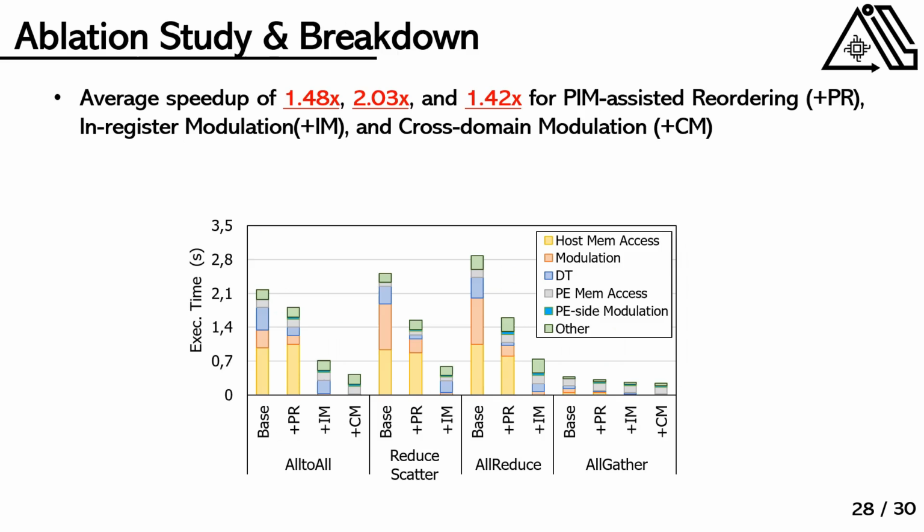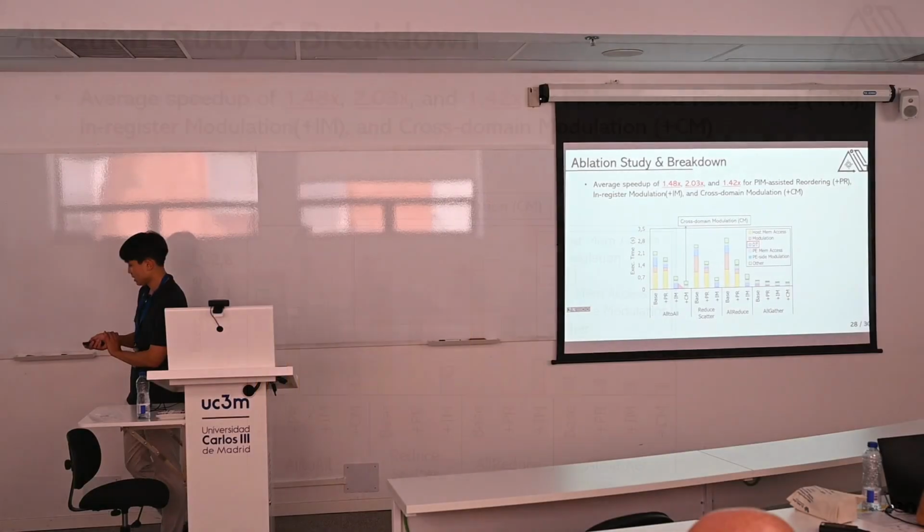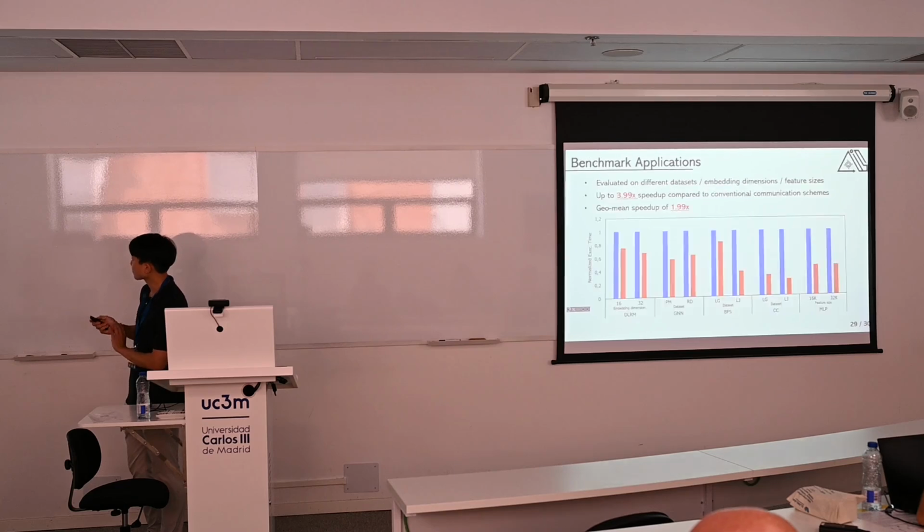Each of our techniques, PIM-assisted reordering, reduces the data modulation time, in-register modulation eliminates host memory access, and lastly, cross-domain modulation removes domain transfers when they are not essential. Each of the techniques showed a speedup of 1.48 times, 2.03 times, and 1.42 times on average.